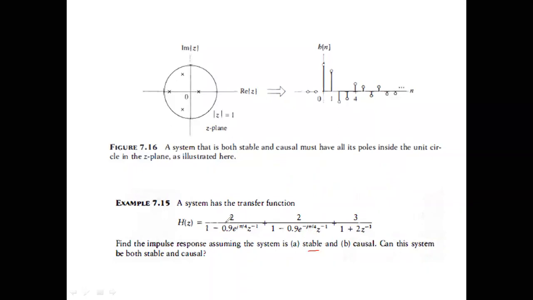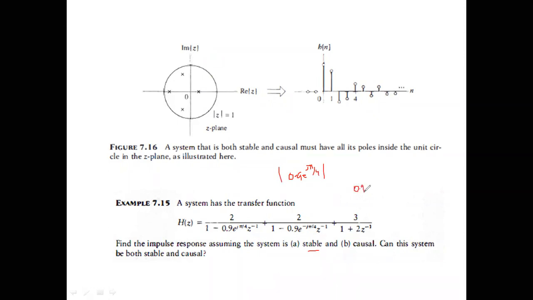Now see here, you tell me 0.9 to the power n into e to the power j pi by 4. What is the magnitude of this? The magnitude of this is only 0.9, right?